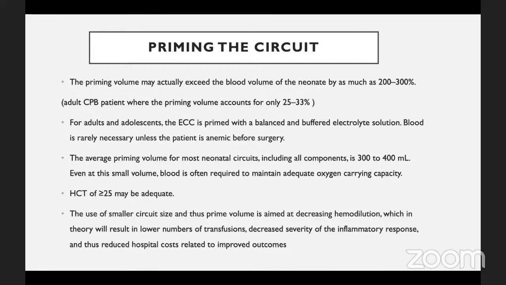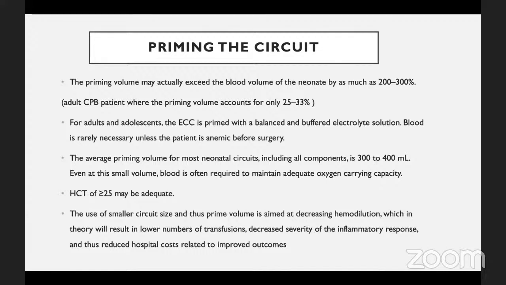And one area which Ahmed didn't touch on is ultrafiltration. That's the bread and butter of pediatric, without which we can't work. With the advent of ultrafiltration being used in pediatric, we are not very critical on priming.